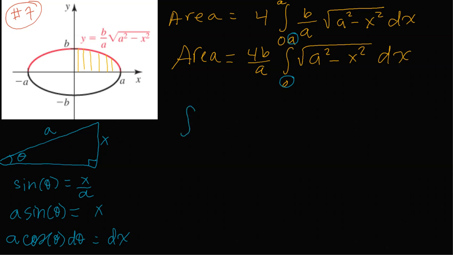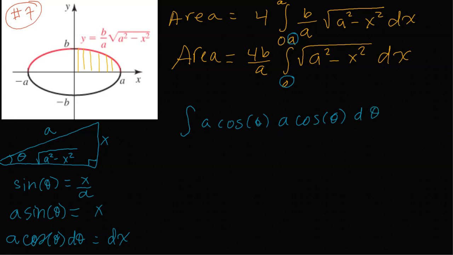I'm not going to even write the word area because I'm not doing area, I'm just doing the integral here. The integral of square root of a squared minus x squared. So that is going to be cosine, right? So we're looking at adjacent over hypotenuse being cosine. So that would be a cosine of theta. And then dx is a cosine of theta d theta.